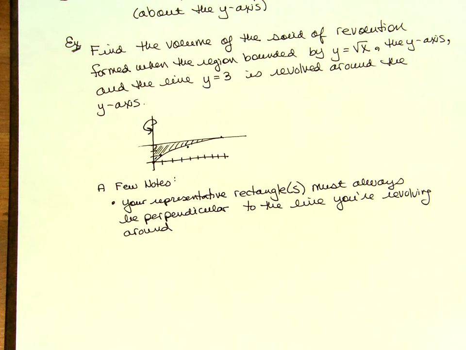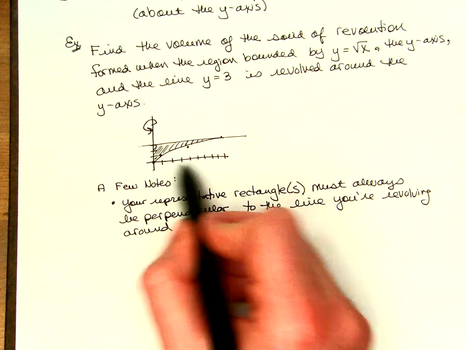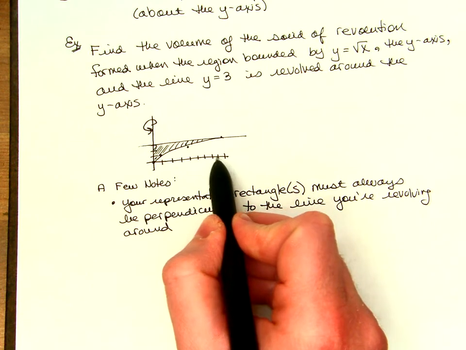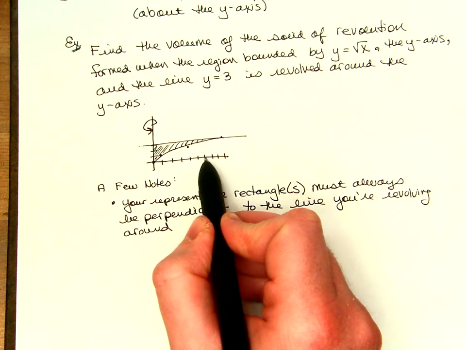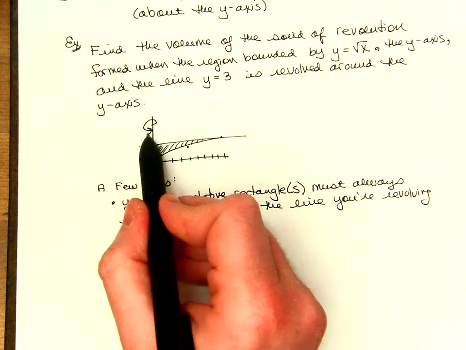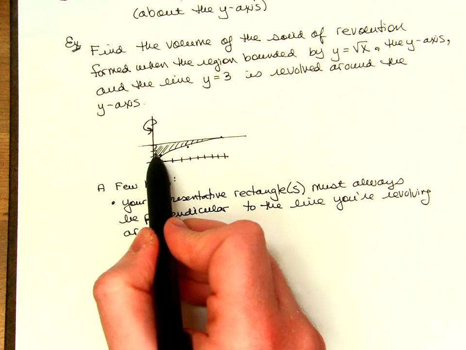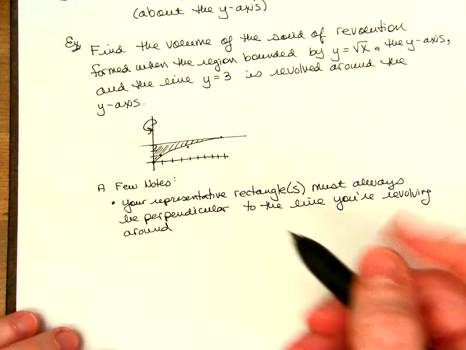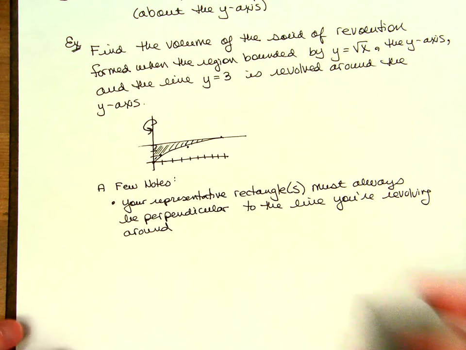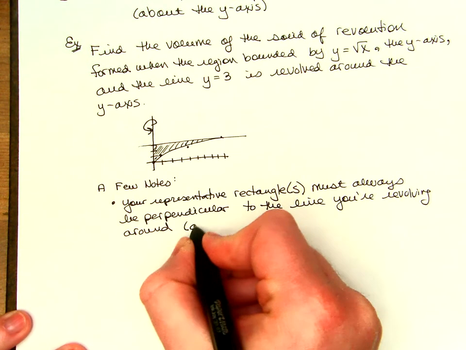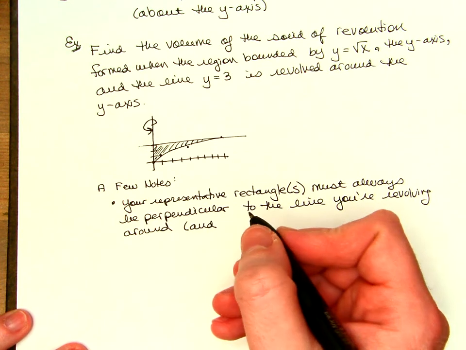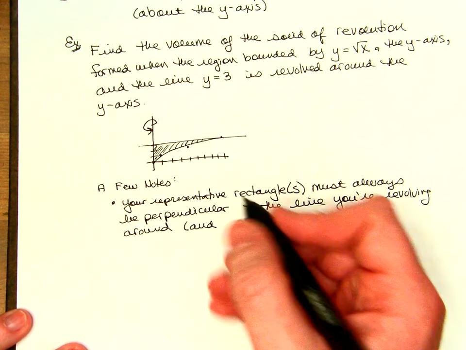So last time I was spinning around the x-axis. If I wanted something perpendicular to that, I need a vertical rectangle. In this case, when I'm revolving around the y-axis, something perpendicular to that would be a horizontal rectangle. The other piece, though, is that those rectangles must start on the line and go to your curve.